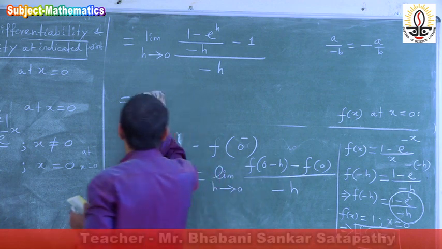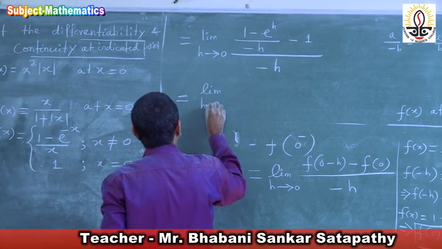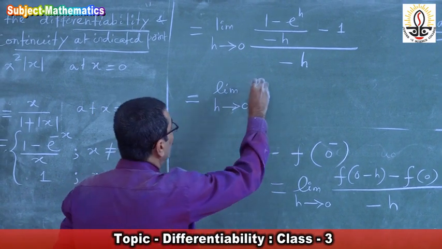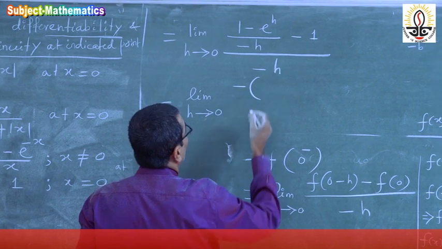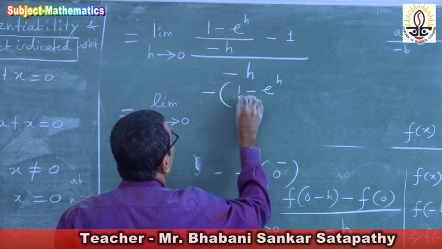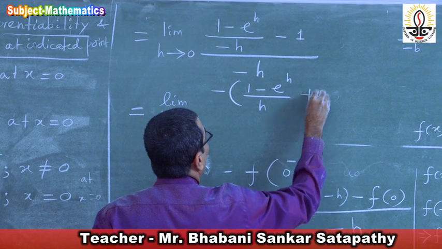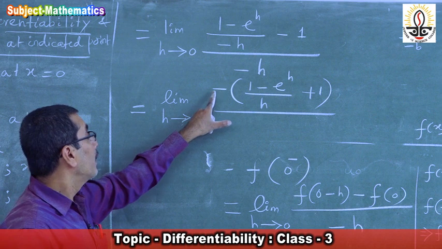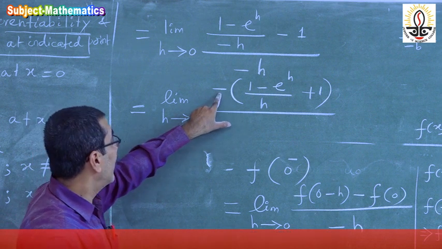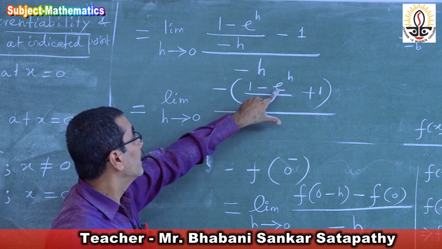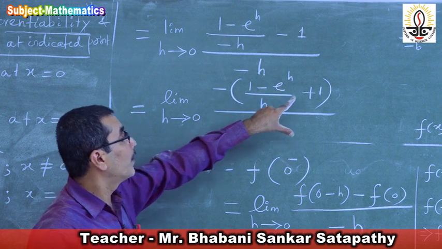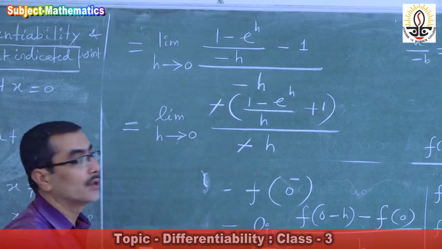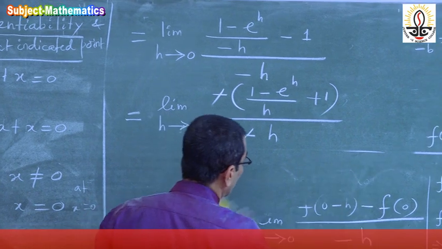Therefore this is equal to limit h approaches to 0. You take minus 1 common. If you take minus 1 common, then you will get minus of 1 minus e to the power h divided by h plus 1 divided by minus h. So minus cancels.